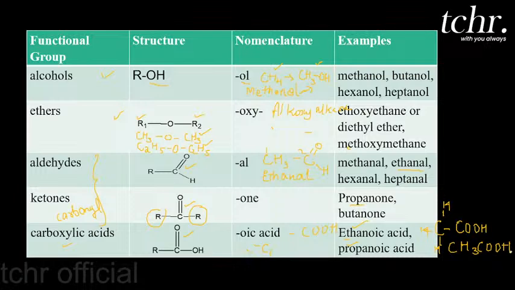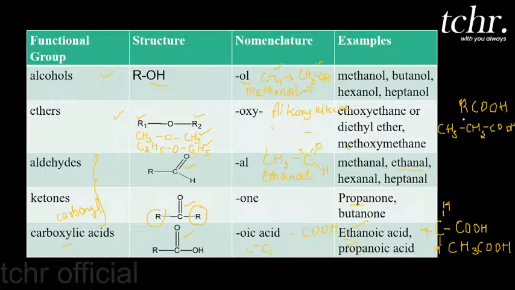So this is the formula of ethanoic acid. See, acids in general are represented as RCOOH. Now, if the alkyl group, I'll write it as CH3, CH2, COOH.